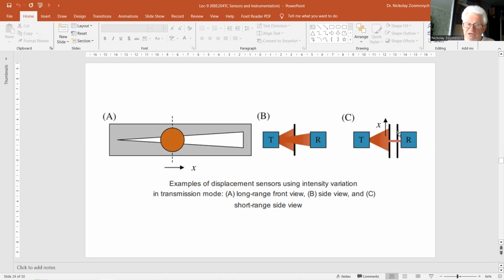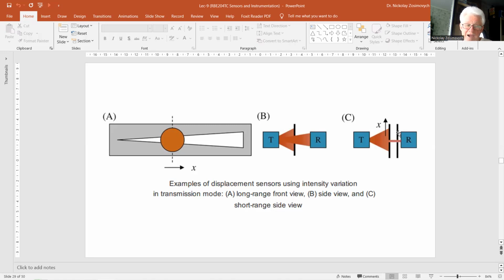A rotational version can be made in a simpler way with a tapered slot in a circular segment. The dimensions of the slot are chosen such that the whole displacement range is covered from 0% to 100% of transmission.